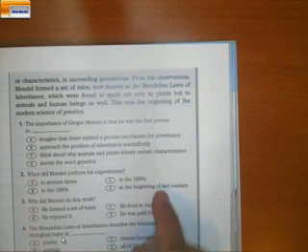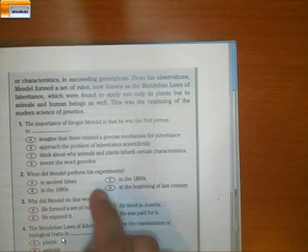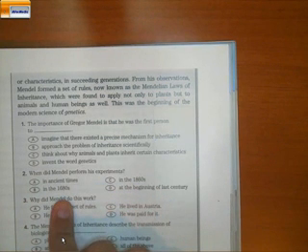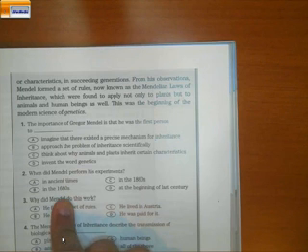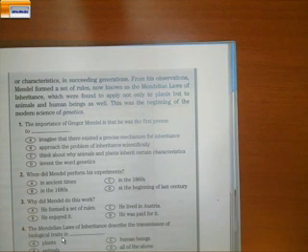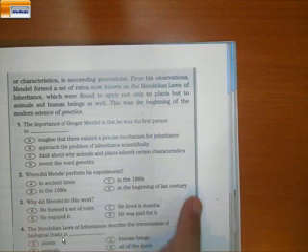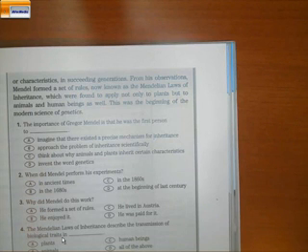Ancient means very, very, very old, to the dinosaur eras and other eras. So it is at the beginning of the last century, because 100 years means a century.